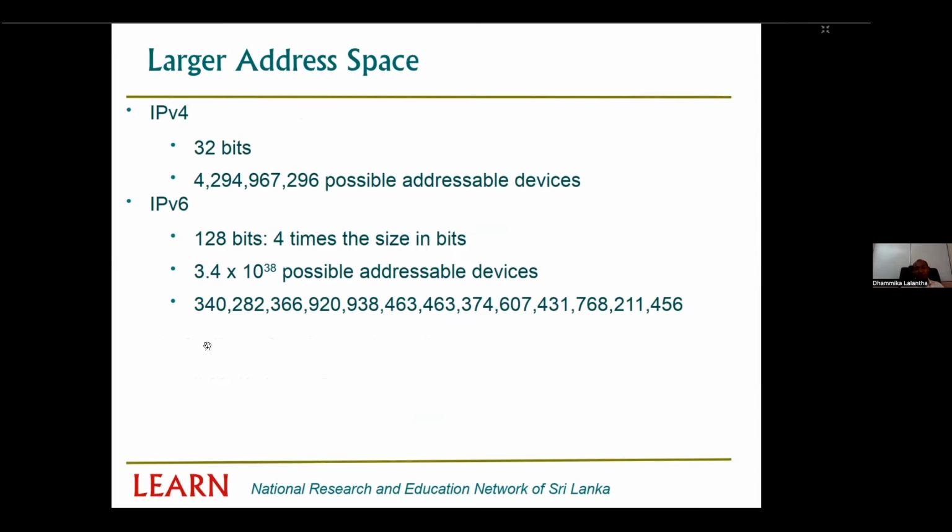As I said, this is some comparison about the address space. That's a big feature in IPv6. IPv4 is 32 bits long, so IPv4 has this number of possible addressable devices, and IPv6 is 128 bits in length, so 4 times the size in bits.